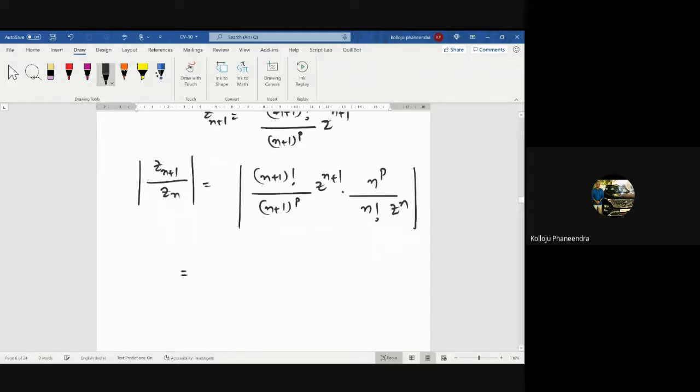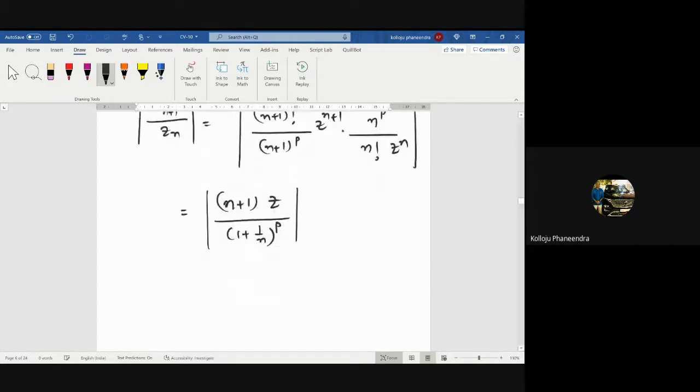So that is equal to, n factorial will get cancelled. So n plus 1 will be there and z will be there. And n power p, this is (1 plus 1 by n) whole power p will be there. Is it correct? n power p taken common, done, right? So this is limit n tends to infinity of mod Z_{n+1} by Z_n.